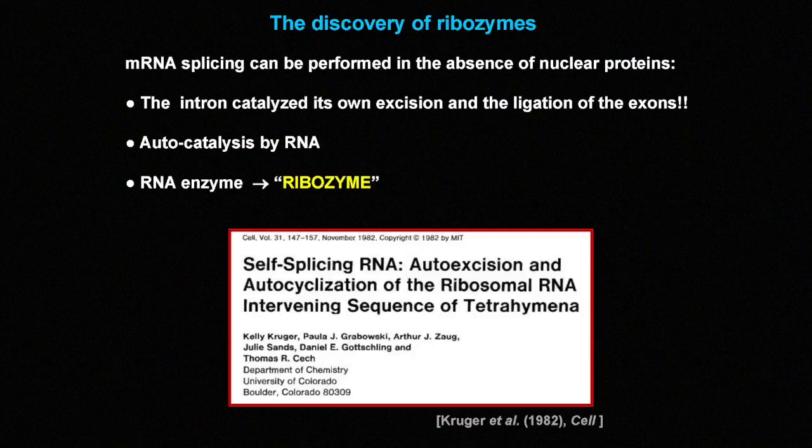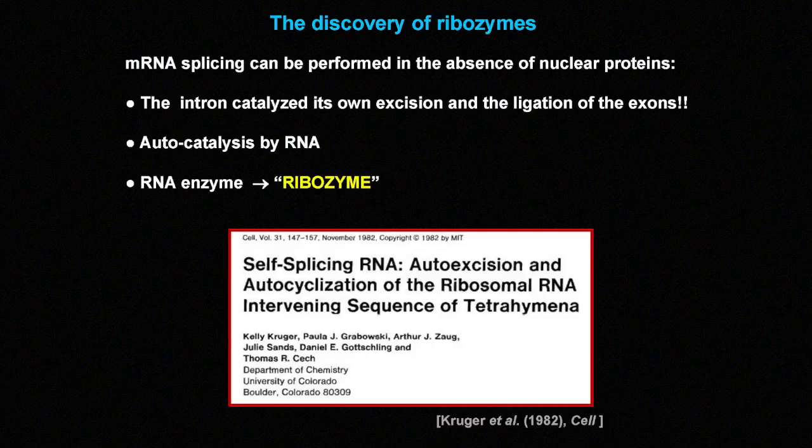This paper was published in Cell because Nature and Science didn't want to publish it because it was very risky, because it was the first time that the dogma, that the enzymatic function is performed by proteins, was broken. But Cech was right, and at the end he received the Nobel Prize together with others in a few years, by the way.